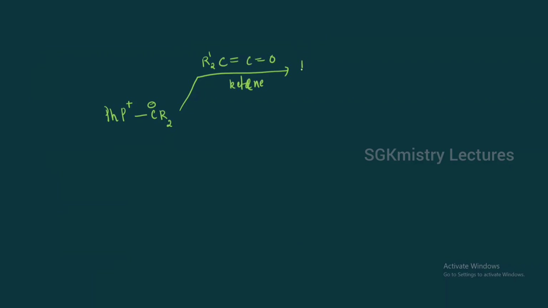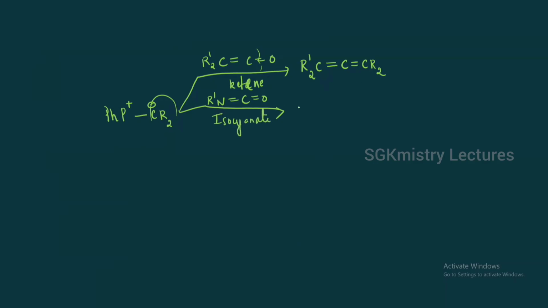If it is treated with ketene, you get R dash 2 carbon double bond C. Now this will break and form the double bond with the CR2 group, so you get double bond CR2. Now, we can also treat it with R dash N double bond C double bond O, that is isocyanate.